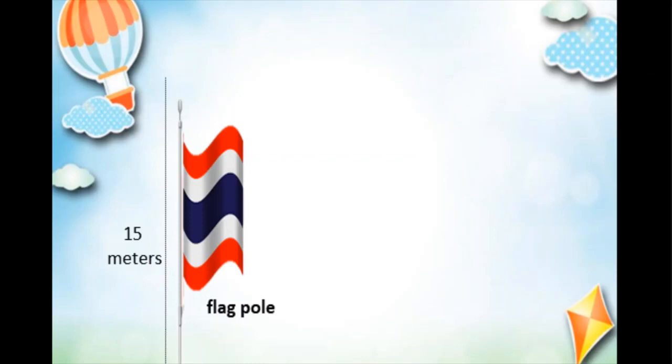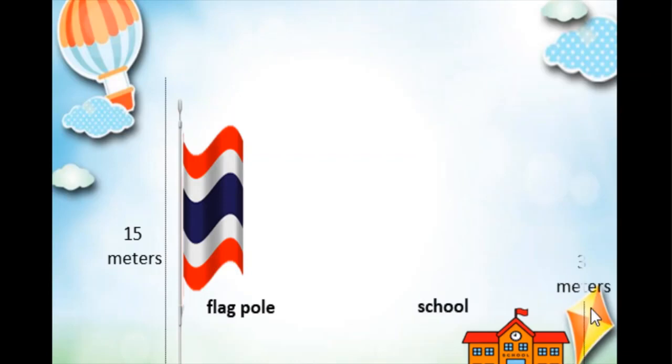And then we also have the school. We estimate the height of the school as 3 meters long. So again, we have flagpole with 15 meters and school with 3 meters. This time, we are going to also measure the distance of the flagpole going to the school building.